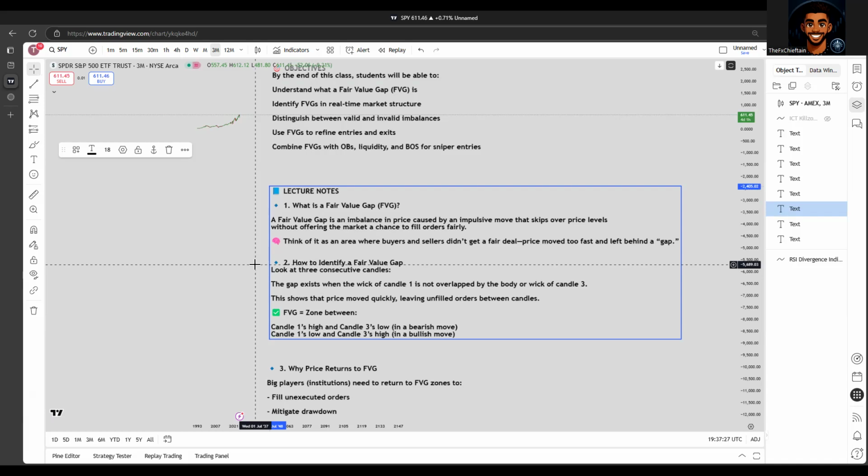So, how do you identify a fair value gap? You want to look at three consecutive candles. The gap exists when the wick of candle one is not overlapped by the body or wick of candle three.